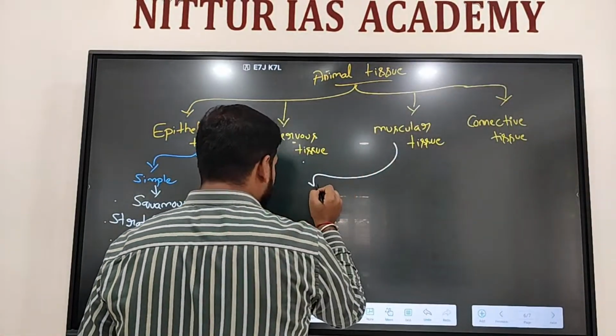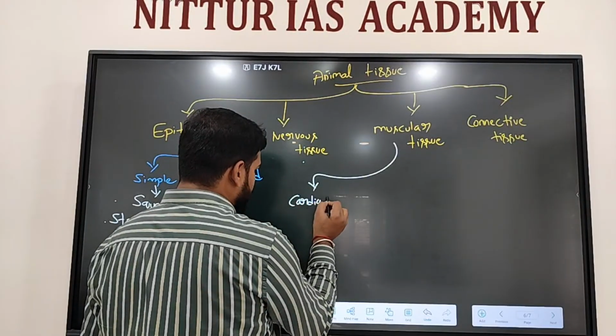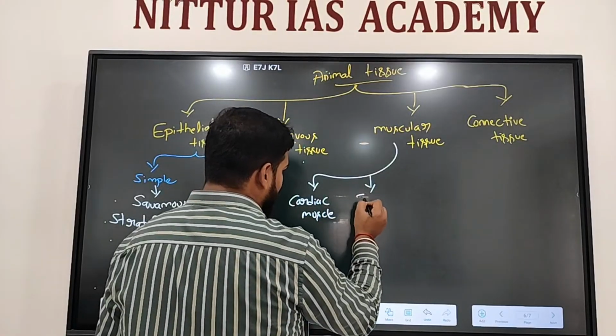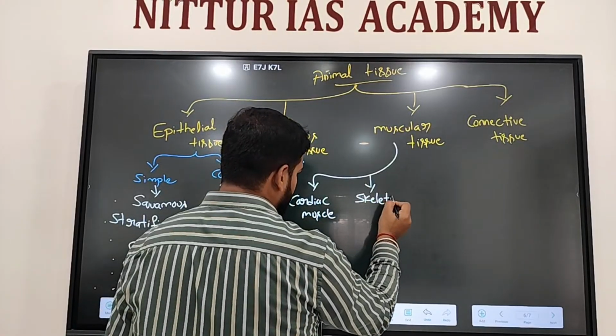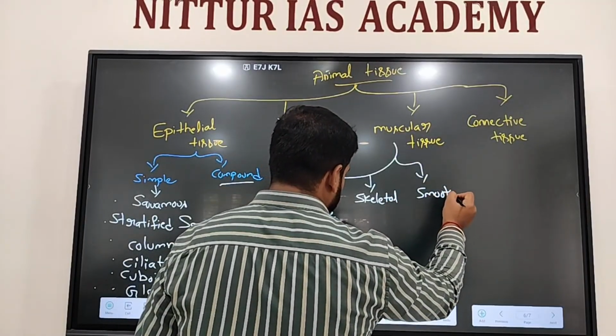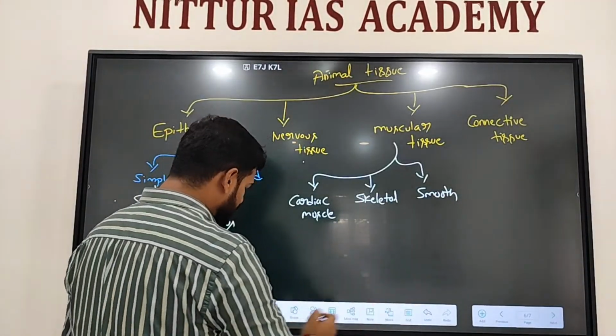Muscular tissue: cardiac muscle tissue, skeletal muscle tissue, smooth muscle tissue.